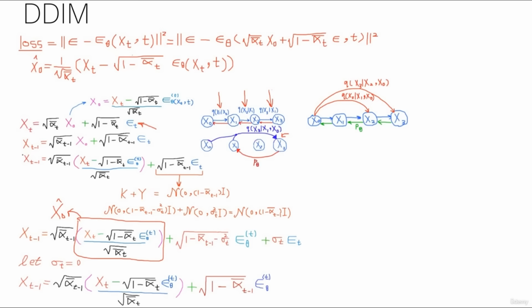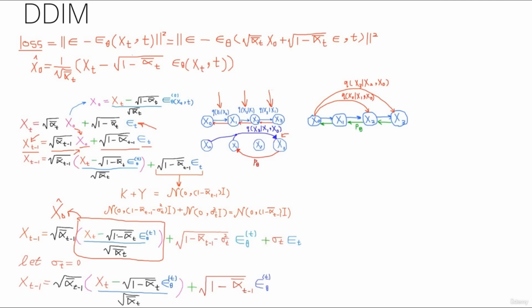And based on this formula, we can say also that xt minus 1 is equal to the square root of alpha bar t minus 1 times x0 plus the square root of 1 minus alpha bar t minus 1 times epsilon. By using this formula, we can jump directly from x0 to xt minus 1. And you should know that we can find the predicted x0 at any time step.